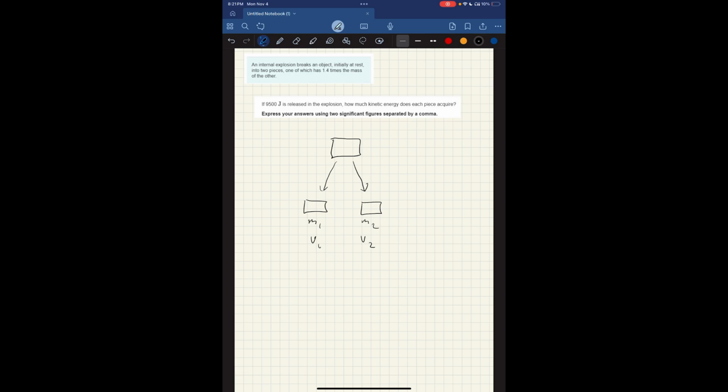We know that one of the masses is 1.4 times greater than the other. So for this example, I will say that m1 is equal to 1.4 times m2. That means mass 1 is the heavier object and mass 2 is the lighter object.